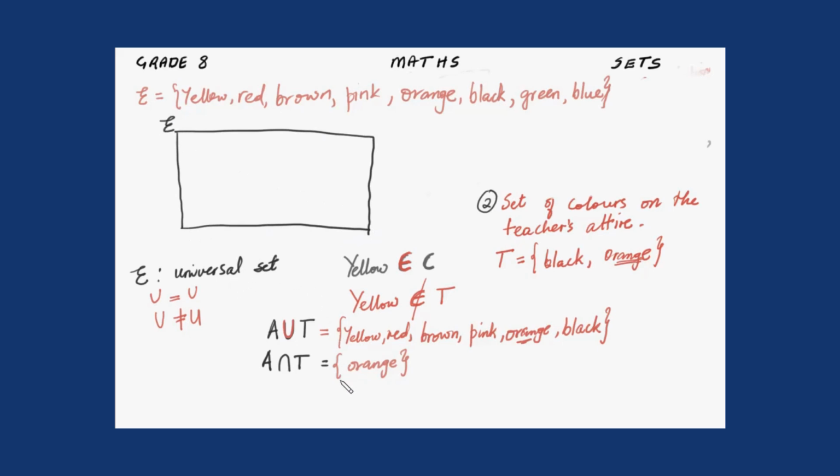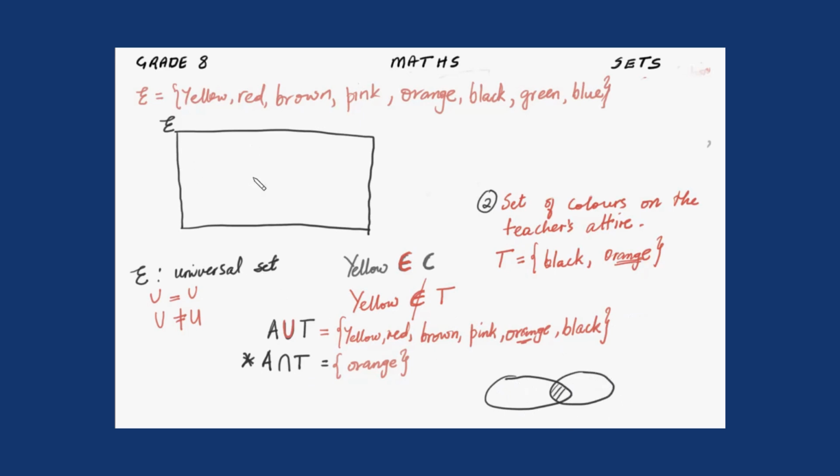And because we are going to draw set C and set T in here, we have to be careful. What we are going to do, we need to focus on the intersection, they intersect. And from primary, you know, when they intersect, they will overlap like this because this is where the intersection is, right?